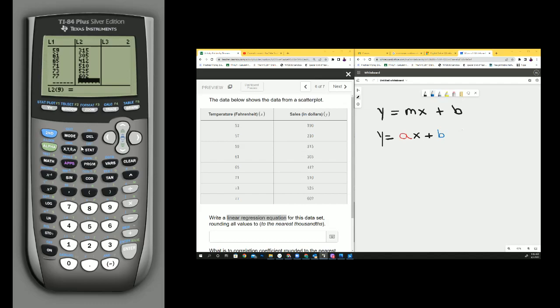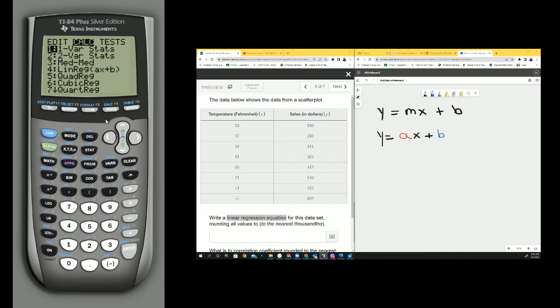I'm ready to find out what my equation is. So I'm going to go back and hit that stat button again, but this time I want to calculate the linear regression equation. So I'm going to go to the calculate section. To get there, you press the right button, and now I'm going to look for linear regression that looks like ax plus b.